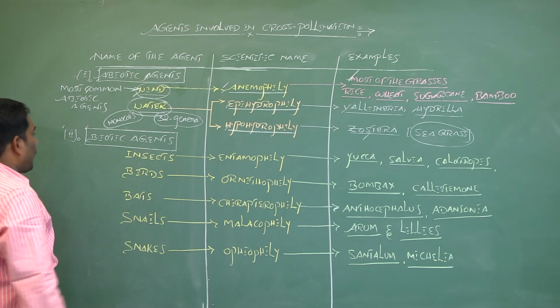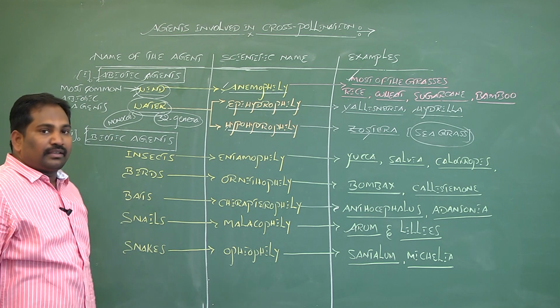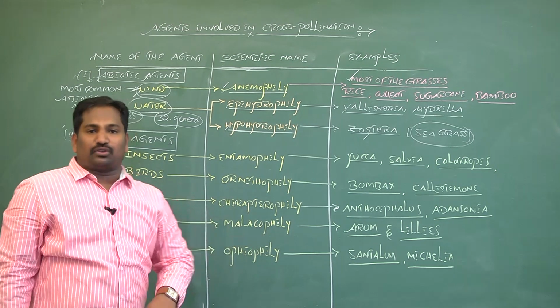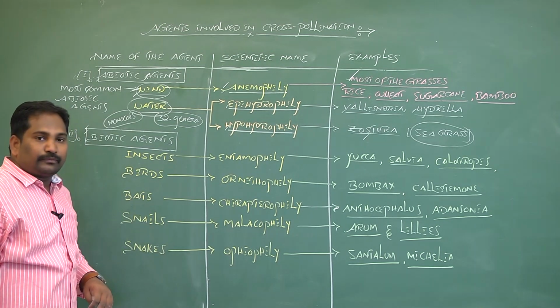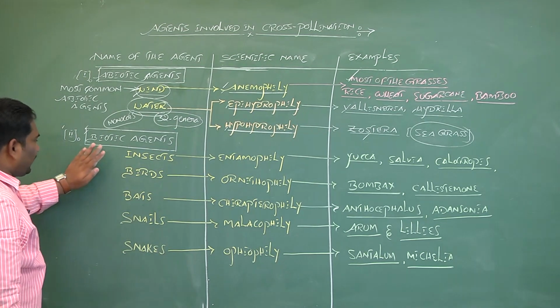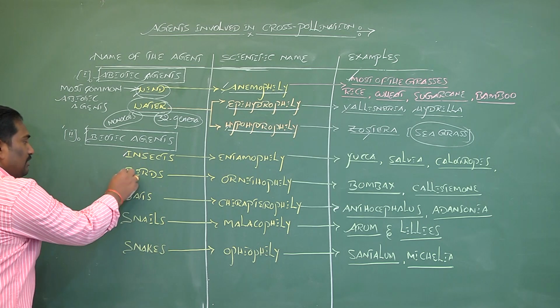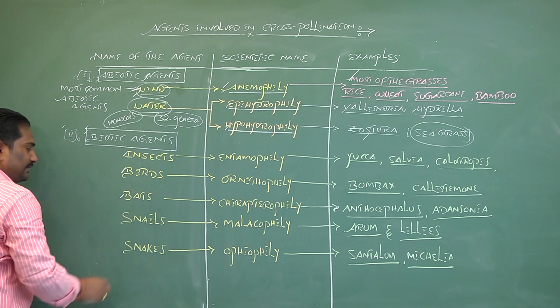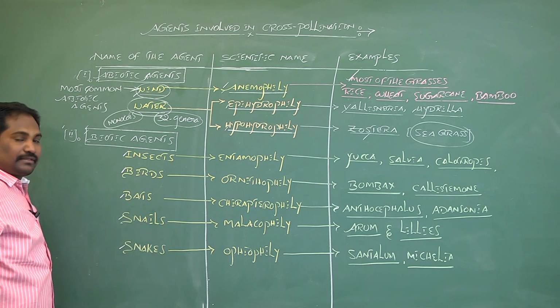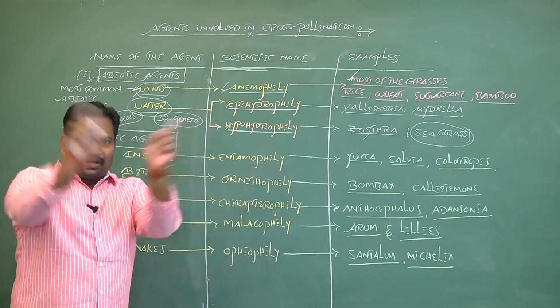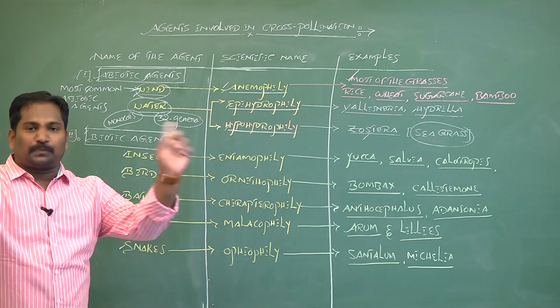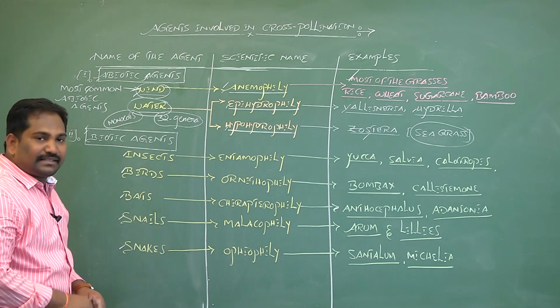Now, biotic agents. An agent having life is called a biotic agent. Biotic agents may be insects, birds, bats, snails, snakes. Most flowering plants are cross-pollinated by biotic agents.